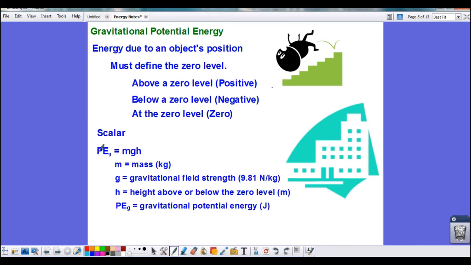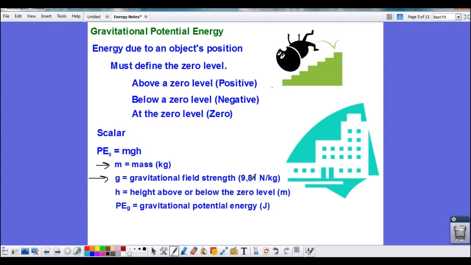And the potential energy of an object is based on a couple of things. One, the mass of the object, which we need to have measured in kilograms. If it's not, we need to convert it. The gravitational field strength, which on Earth is 9.81 newtons per kilogram. So an object in outer space or on Jupiter is going to have a different potential energy than one on Earth, but we're going to be dealing with objects on Earth.